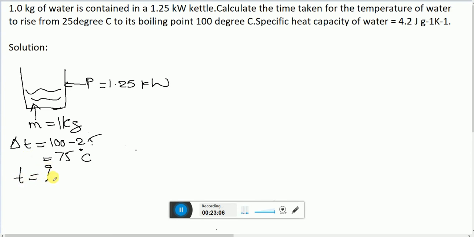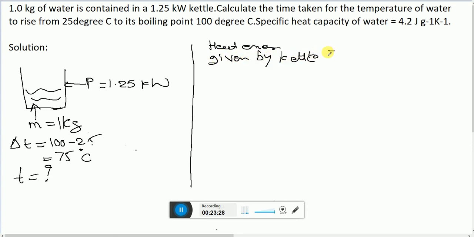Alright. Specific heat capacity is mentioned in grams and mass is here 1 kg. So while solving, we need to convert it into grams. By using principle of calorimetry, heat energy given by kettle will be equal to heat energy absorbed by liquid.